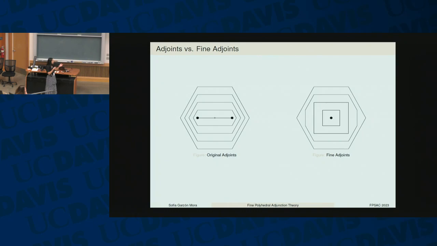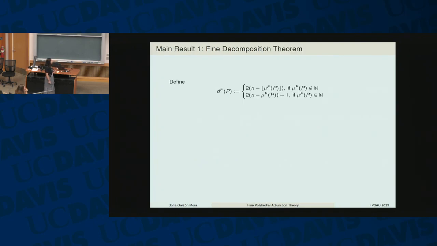I can also have the inverse case, examples where polytopes have fine cores that are one-dimensional, but original cores that are just 1 point. Right, so then we can restate our main results where we use this invariance, and we can talk about the fine decomposition theorem.